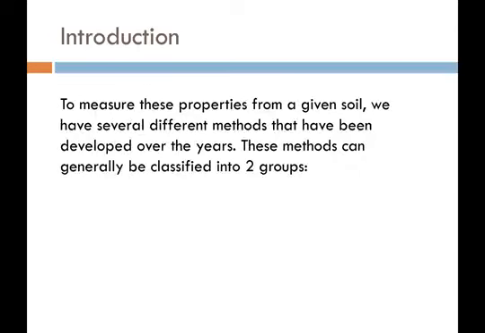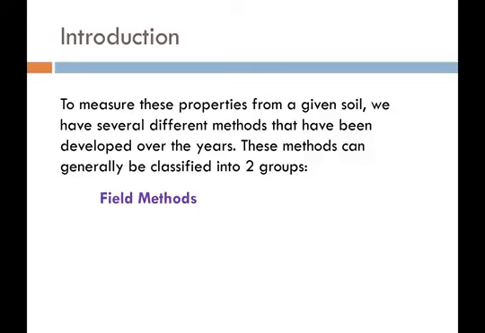So if we want to measure dynamic soil properties from a particular soil, there's a couple different ways we can do it. These ways have been developed over the last few decades, and each of them has its advantages and disadvantages. Now we can take all of these different methods and sum them up and classify them according to two generalized groups.